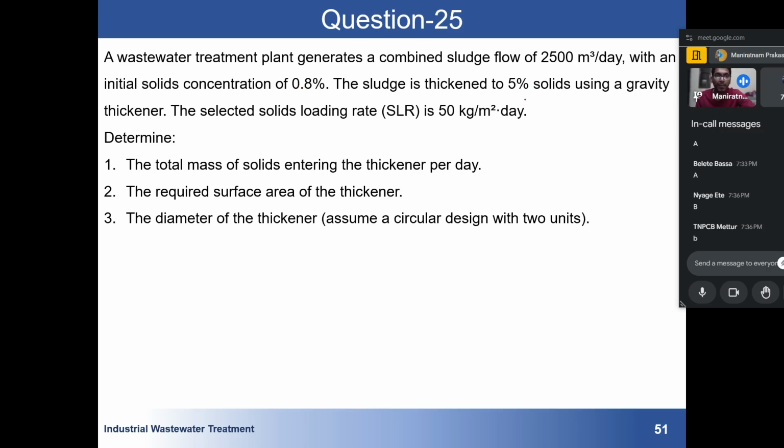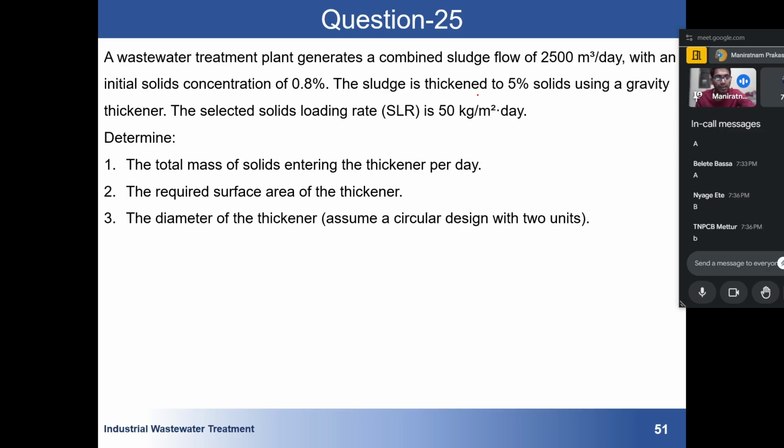Remember, when we are thickening the sludge, what will be the fixed thing? The fixed thing will be the mass of the solid. If initially x kg of solid is there, finally in the sludge, even though 5% concentration has been achieved, the solid will be x kg only.